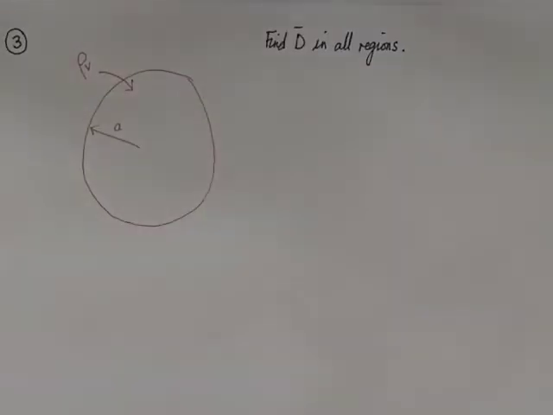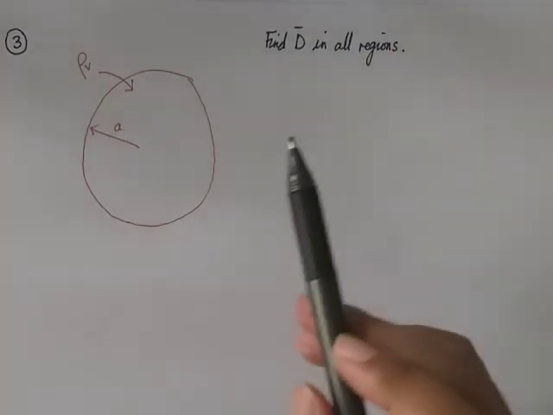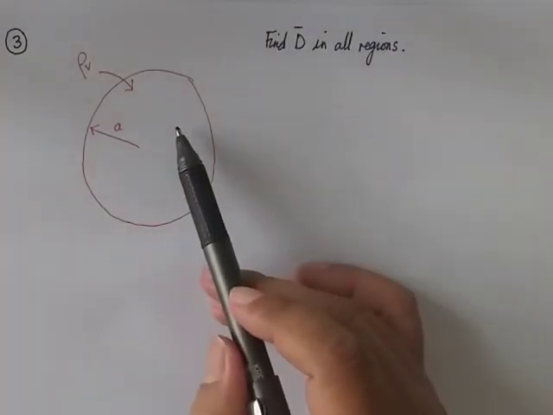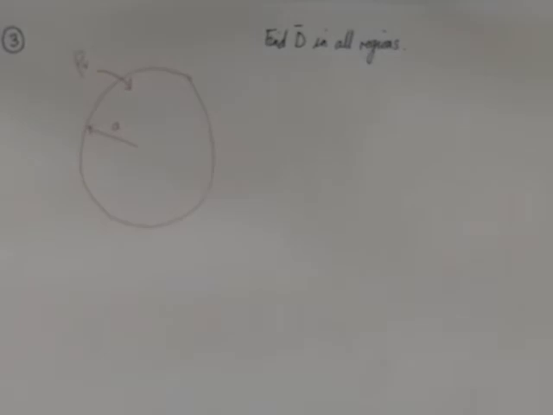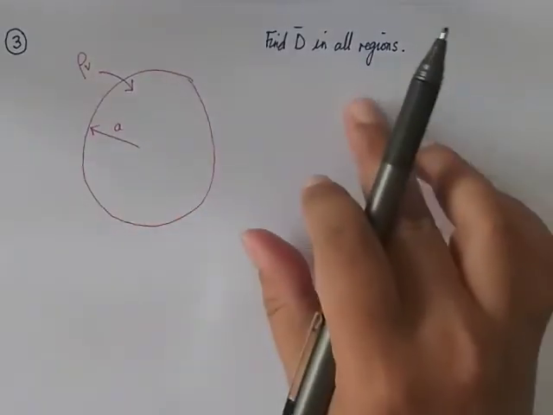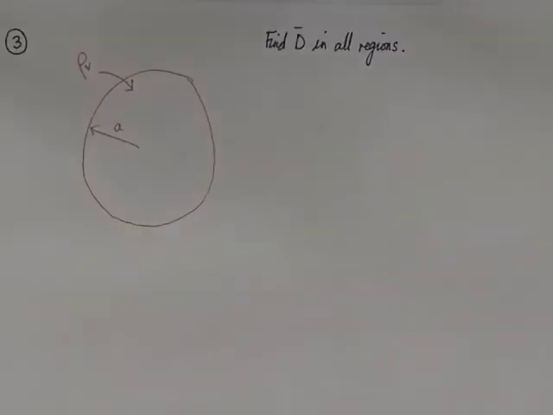When we interpret the question, it wants us to find what D is here, what D is here, or anywhere in this particular diagram. So in all regions, what should D be? You're given a source, and you need to find the field. Based on our model, we can use two methods to solve for D: Coulomb's law or Gauss law.